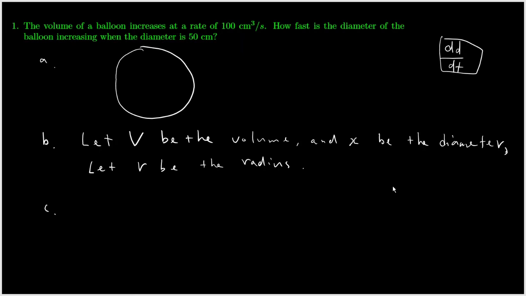Now step C. Any questions so far? Simple, right? Just identify the quantity for which the rate of change is given, and also identify the quantity for which the rate of change is to be found. Introduce the variables.